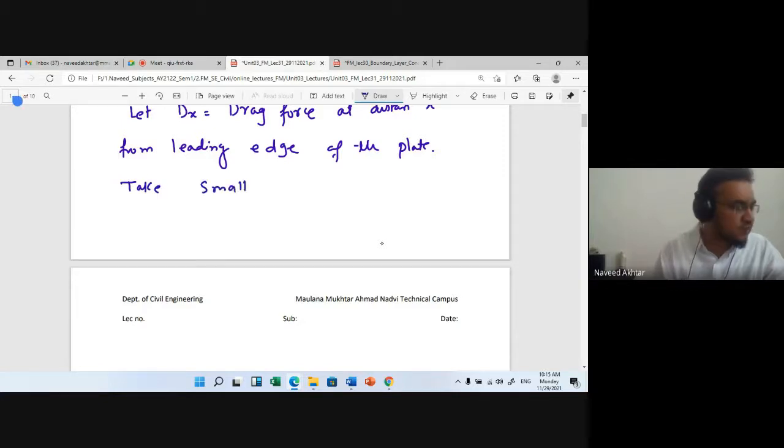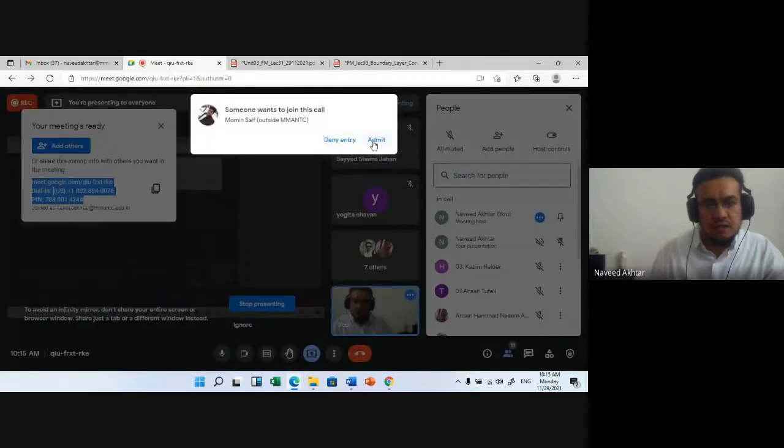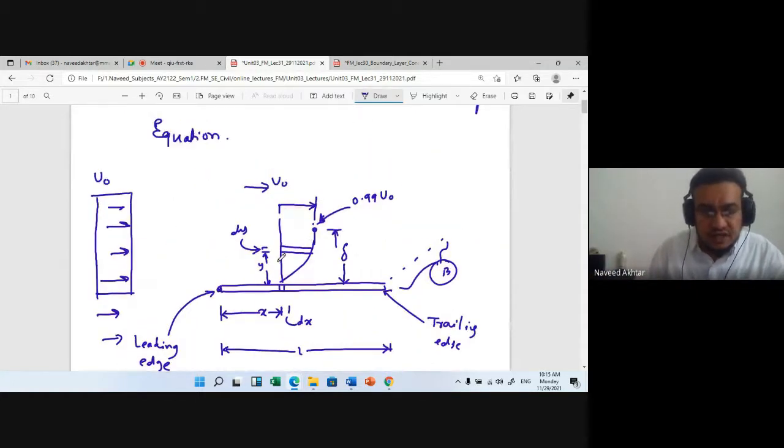Take out a small strip. Write it down on your paper, then only you will understand. Take a small strip of thickness dy at distance y from the plate. So in the figure I have denoted this small strip you have taken, with thickness dy at a distance y in the y direction.